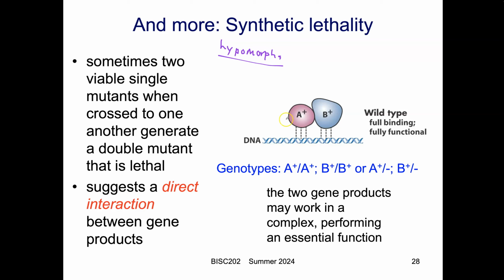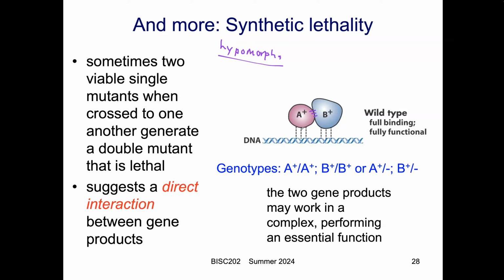Okay, so sometimes you will have, say, two proteins that have to work together. They're transcription factors, so they have to bind to each other, and they have to bind to the DNA. When you make a mutant in one or the other, they are still weakly active, active enough that you have a normal phenotype.